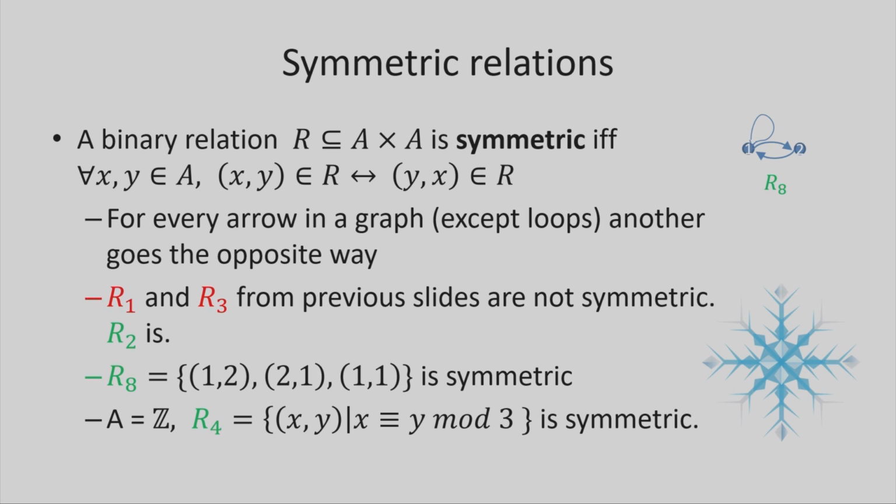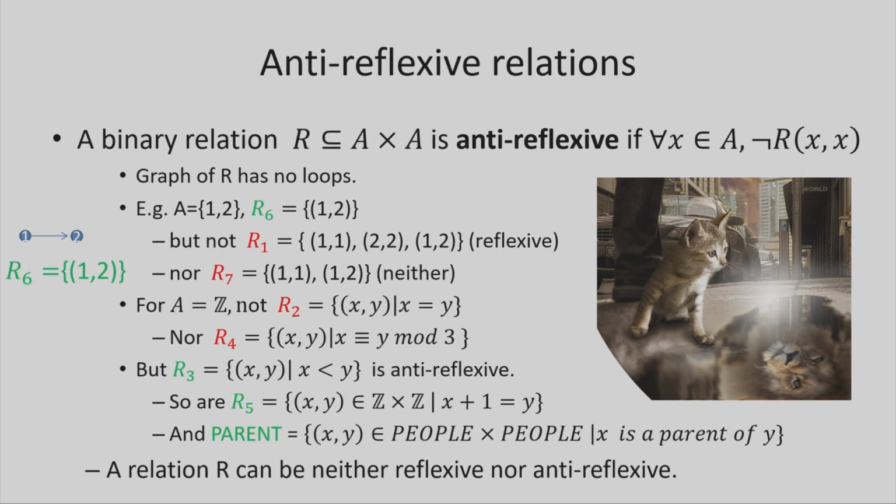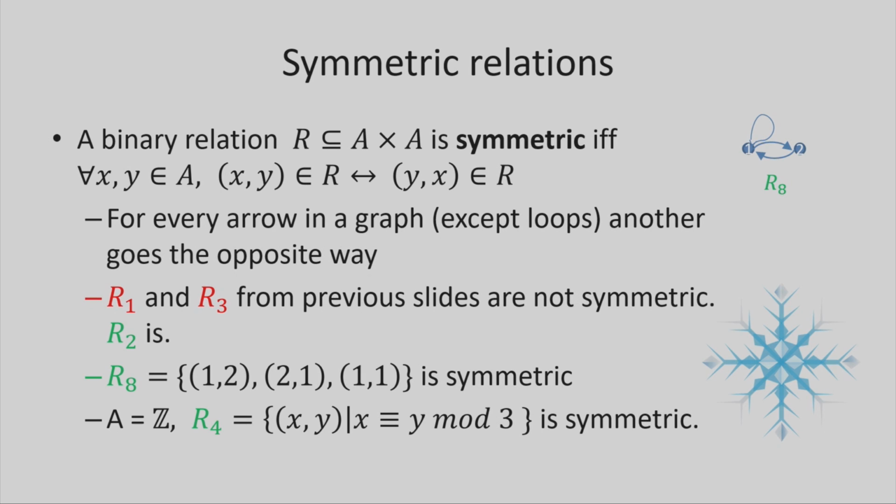So every time you draw an arrow one way, you need to draw an arrow the other way. So the relation that we had before, 1 to 2, that was not symmetric because we could go from 1 to 2, but we could not go from 2 back to 1.